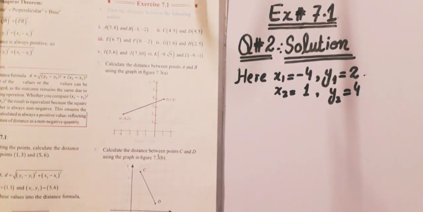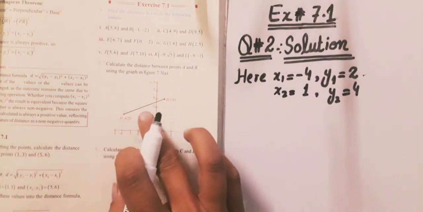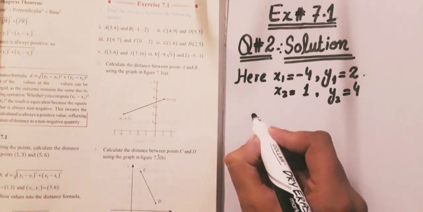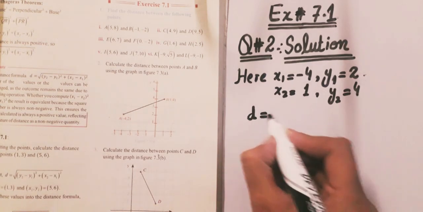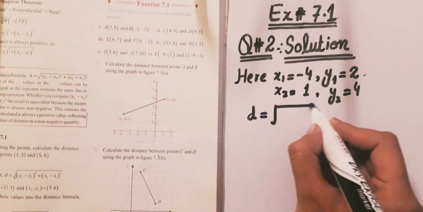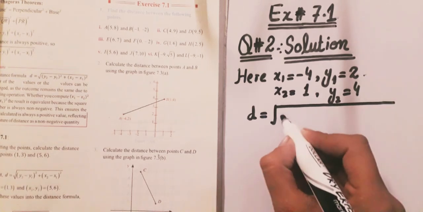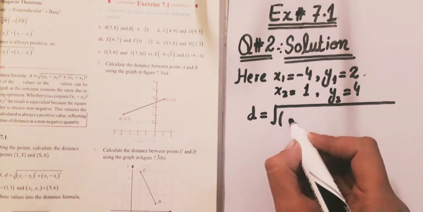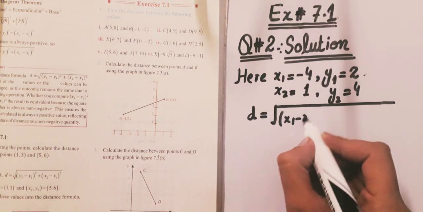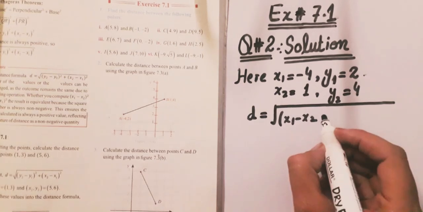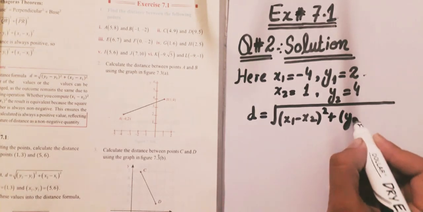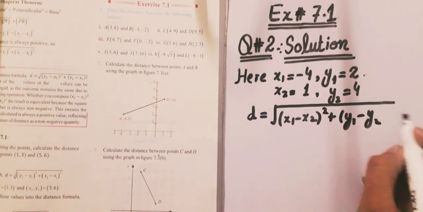Now, let's suppose D is the distance between these 2 points A and B. So, D is equal to square root of x1 minus x2 whole square plus y1 minus y2 whole square.